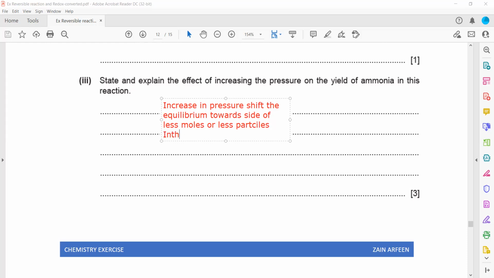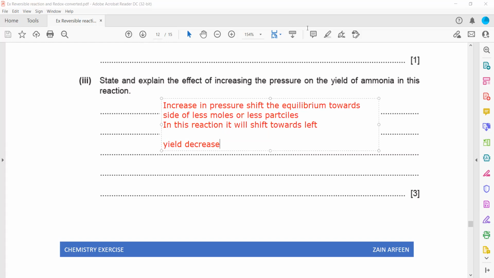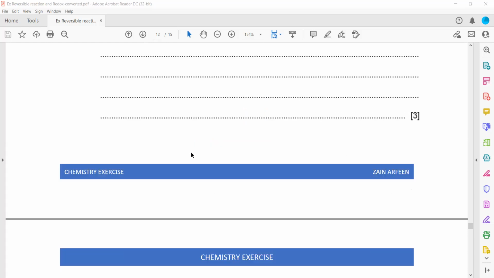In this reaction, it will shift towards the left hand side, and as it shifts towards the left hand side, the yield will decrease. Whenever equilibrium shifts left, the yield, or the amount of product, decreases. If equilibrium shifts towards the right, the yield, or the amount of product, will increase.